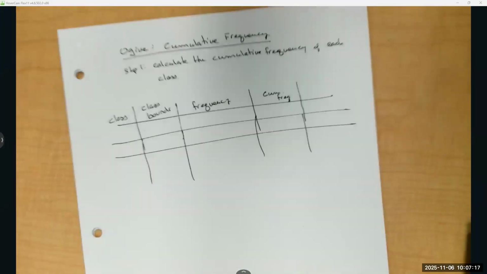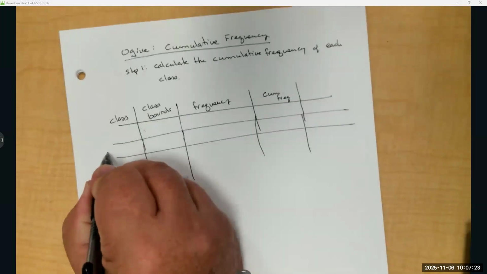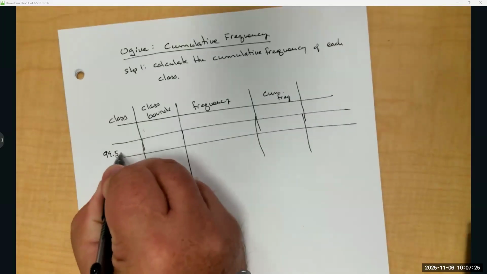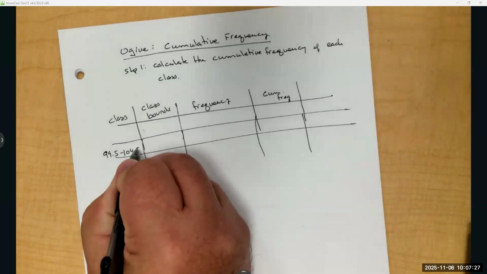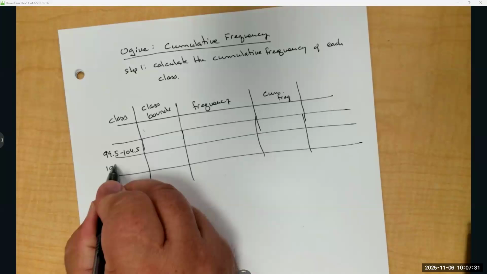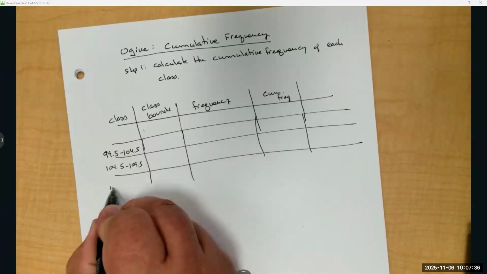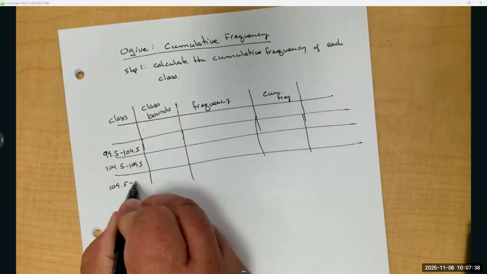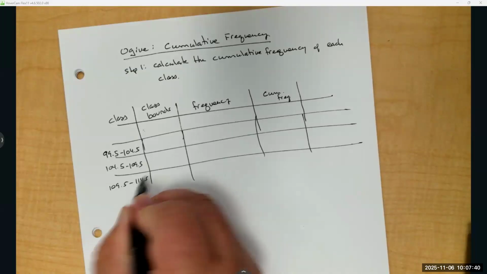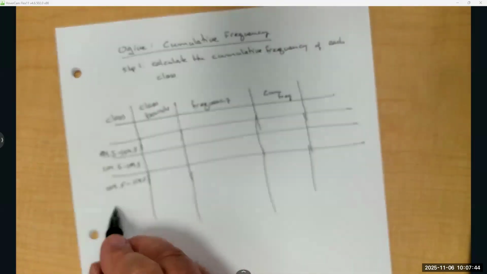What we're looking at here, when we're doing these calculations, remember our bounds were from 99.5 to 104.5. The next one was 104.5 to 109.5, and then 109.5 to 114.5. All the way down, we keep on going.